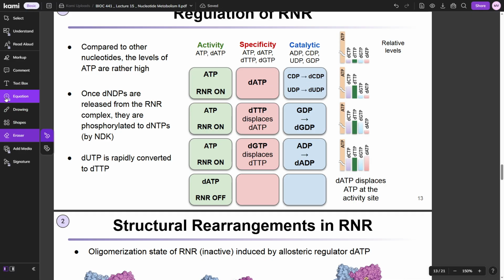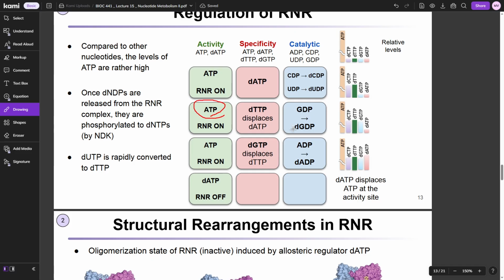The same thing goes for the rest of these. So if I bind ATP first, and I bind dTTP, and then I don't bind GDP, it's not going to work. And similarly, we go the same way here, right? You need to have all three bound together to get RNR to do its job.